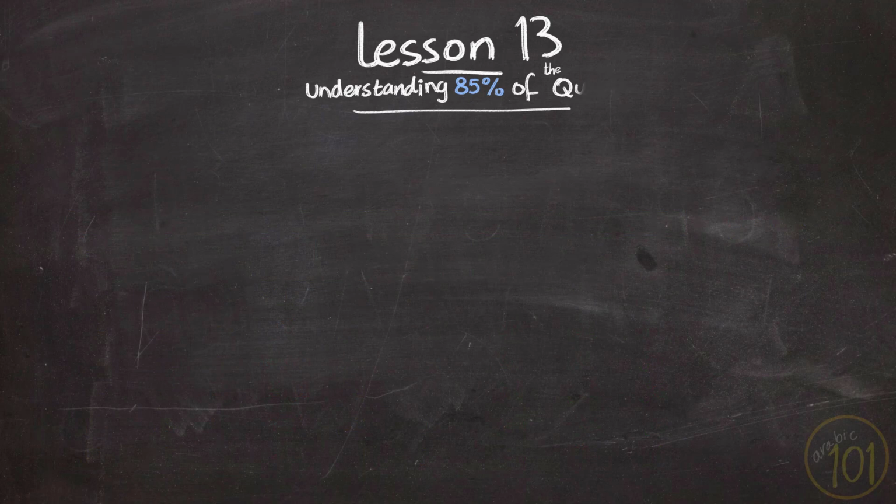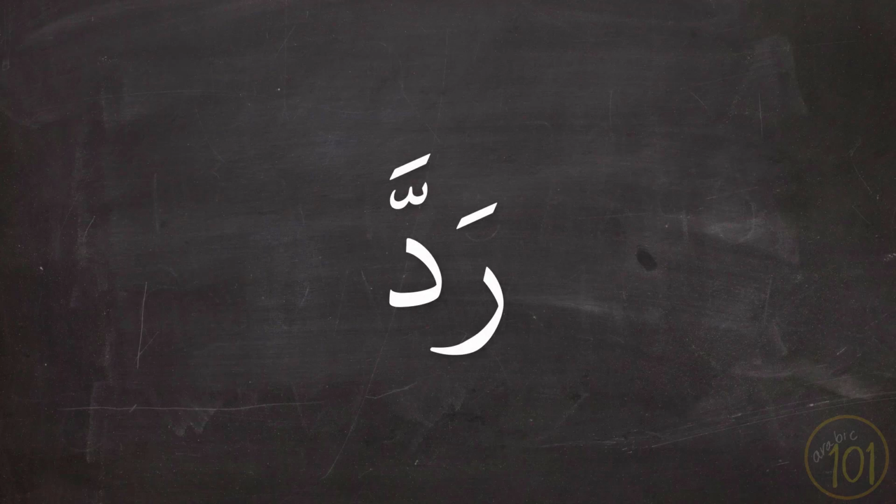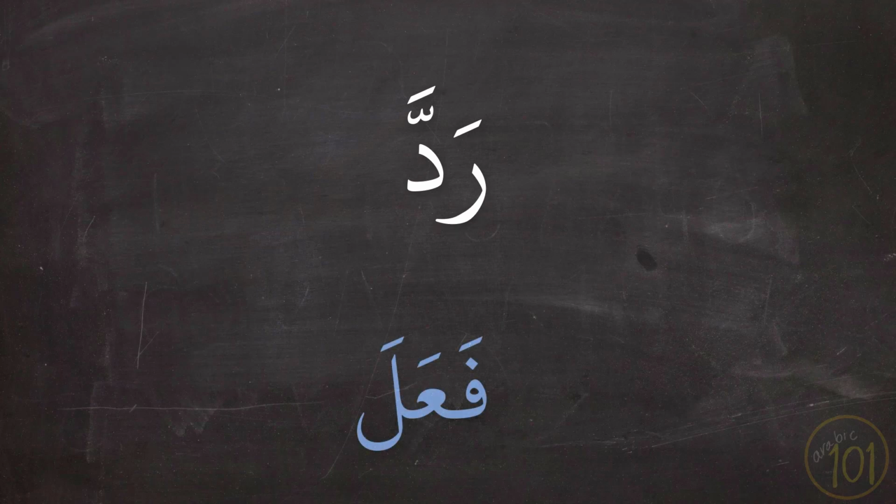So let's get started. And the first verb that belongs to this variation is رد. And the first thing that you can see right away is that the verb رد looks like it's made up out of 2 letters only. So how can it possibly correspond to the pattern فعل?